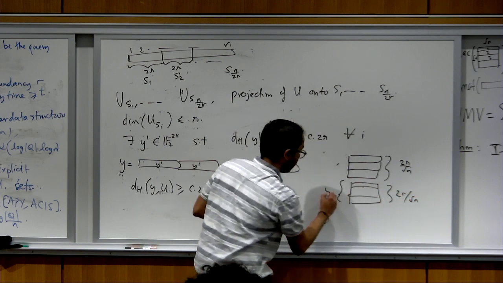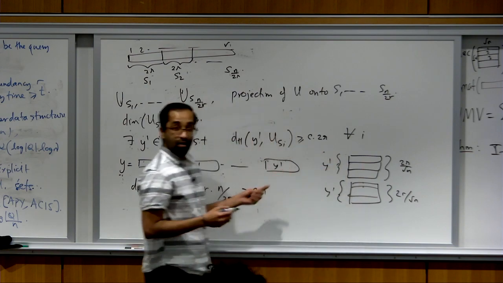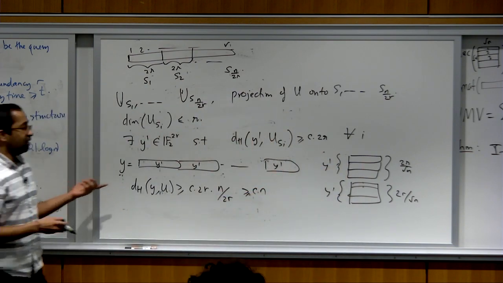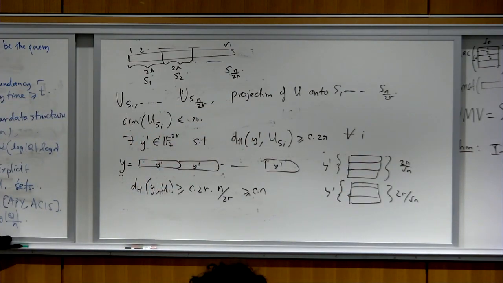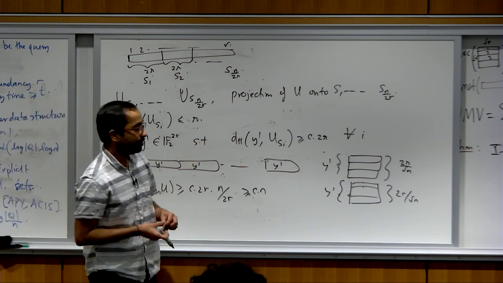This corresponds to y prime, this corresponds to y prime, right? And then the rank of this matrix can be at most 2r over square root n, because that many rows are unique, the rest of them are repeated. So this will give you that the rank is also small.